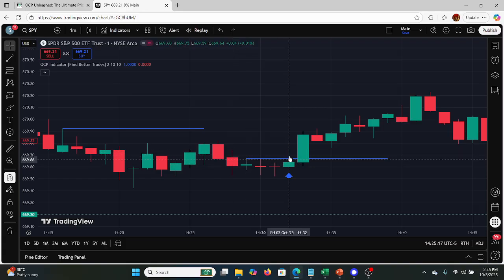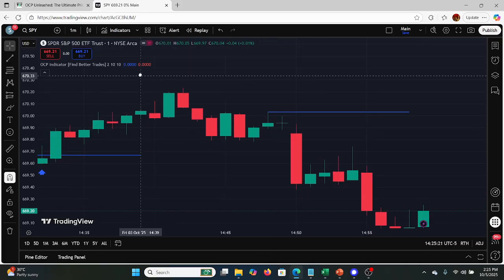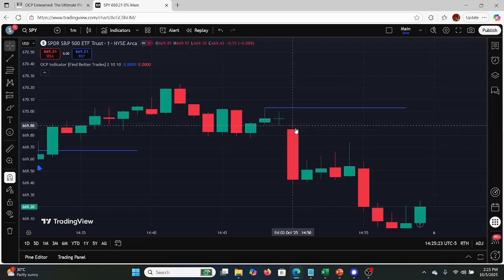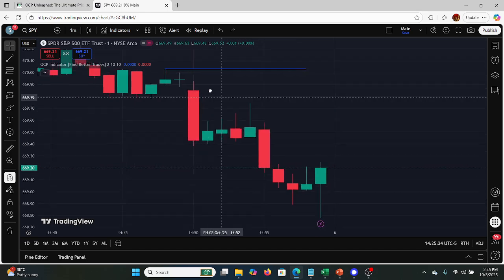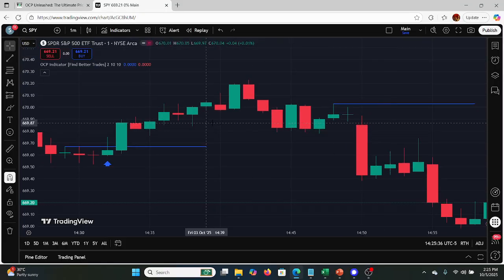But then we had a candle break the top of this line here, and sure enough, we saw an uptrend here. Again, another failed signal, but you wouldn't have entered here because there was no break of this line. So you wait for the break of the line, and this would be considered a signal that didn't fire fully. Anyway, those are just the random examples on SPY 1 minute.